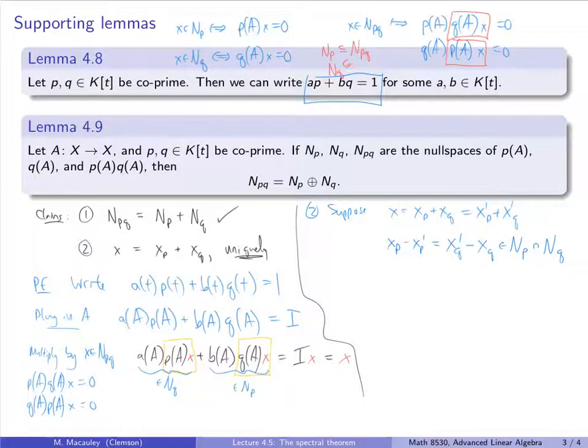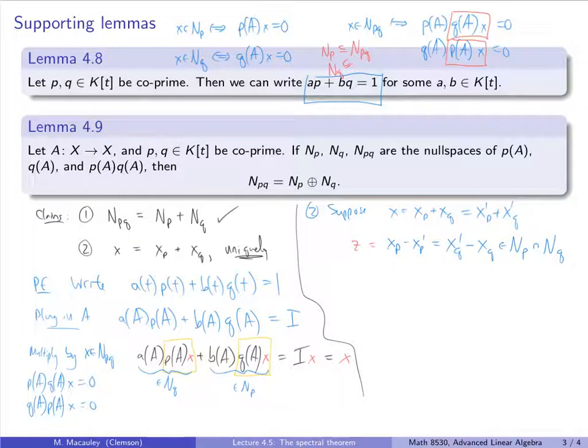Well, first of all, let's give this thing a name. Let's call this z, because we want to show it is 0. I will show this by taking z and multiplying it by the identity matrix, which we know is this expression right here, a of A, P of A, plus b of A, Q of A. If I can show that z is killed by this expression, which is the identity matrix, then z has to be 0.